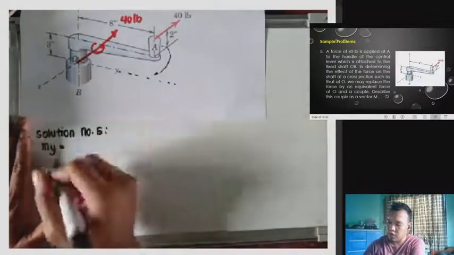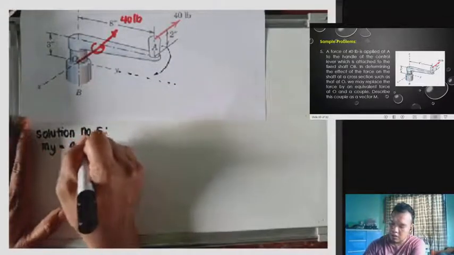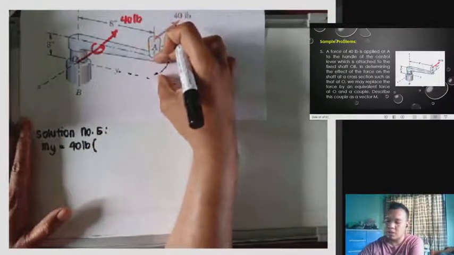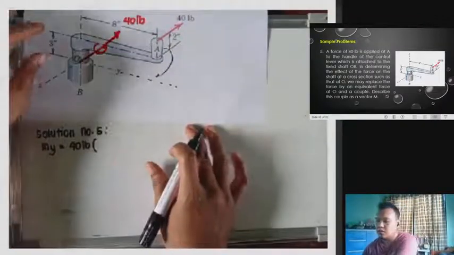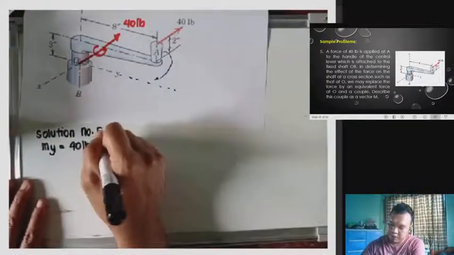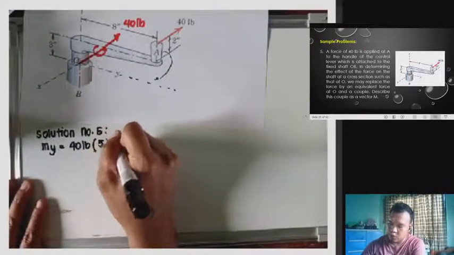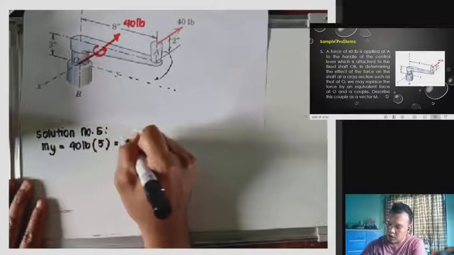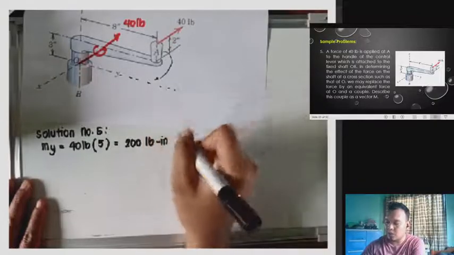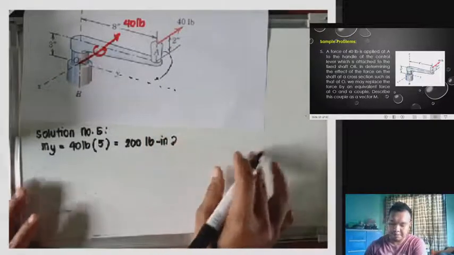Therefore, we have here 40 pounds multiplied by the perpendicular distance, which is 2 plus 3, or 5 inches. So we have here 200 pound-inch. The direction will be clockwise.